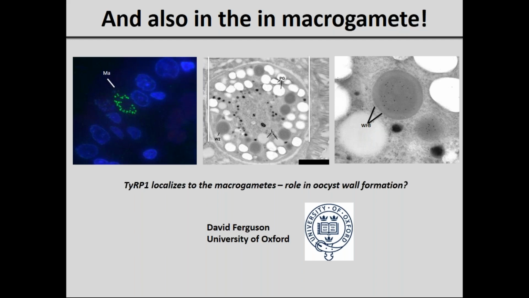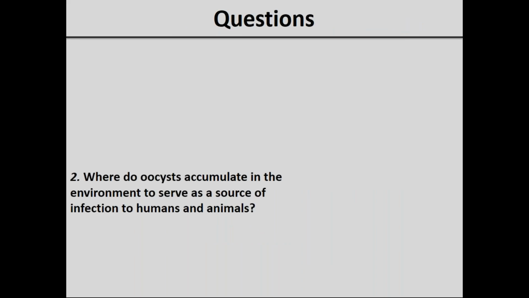So I think that this will help us to maybe identify targets for oocyst inactivation, may help us to identify targets for cat immunization to develop vaccines to prevent oocyst development and shedding. So this is very much a work in progress still.